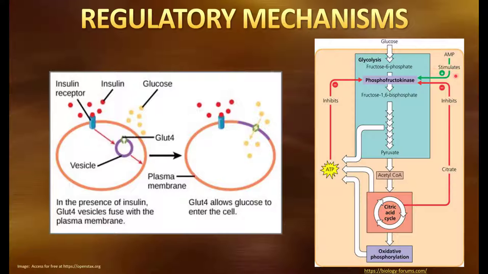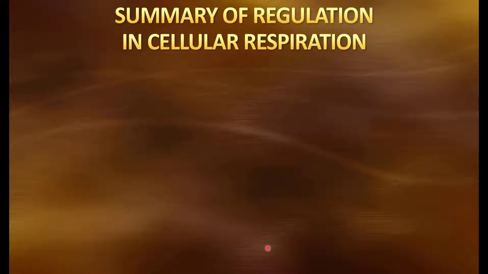If I have a lot of product, so a lot of ATP, then I want to turn this off. I don't need to run it. ATP, as you're seeing here, can come back up and inhibit this pathway. And so can some of the molecules that are generated from that citric acid cycle can also come back up and inhibit it. We'll take a look at some of this regulation in a little bit more detail.